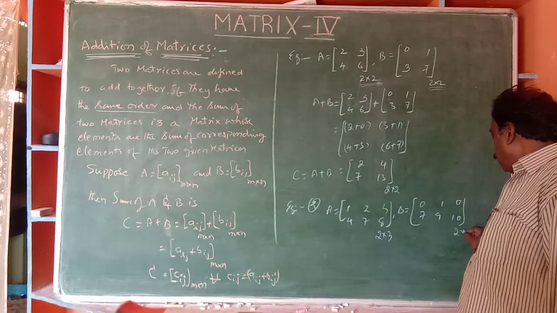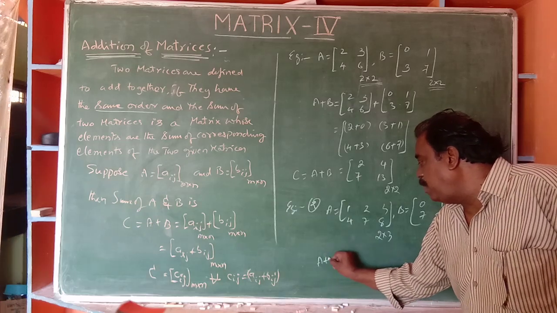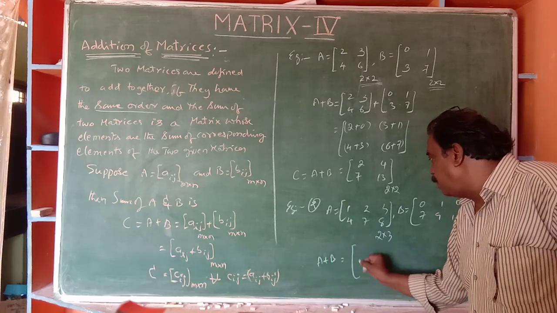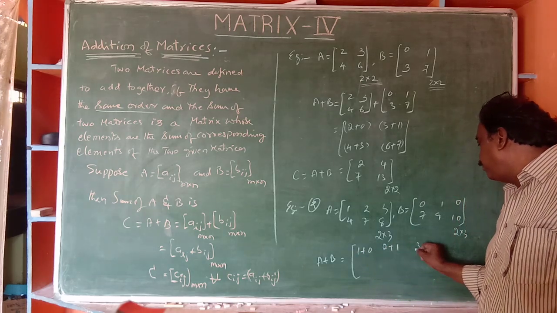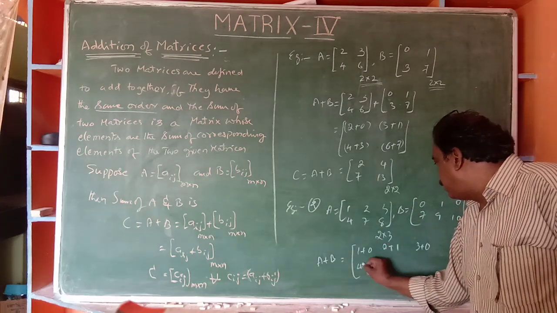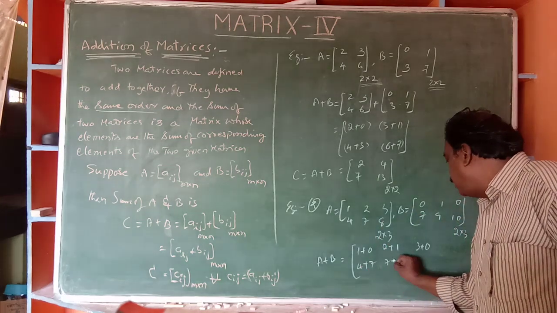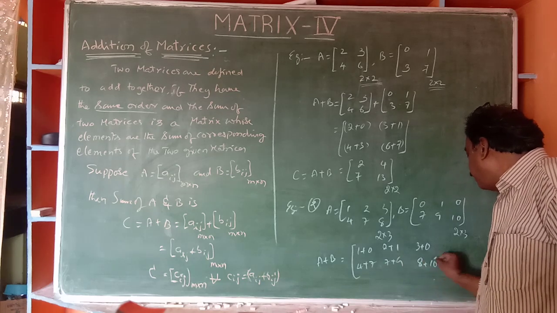Here also 2 rows, 3 columns. So A plus B is equal to 1 plus 0, 2 plus 1, 3 plus 0, 4 plus 7, 7 plus 9, 8 plus 10.